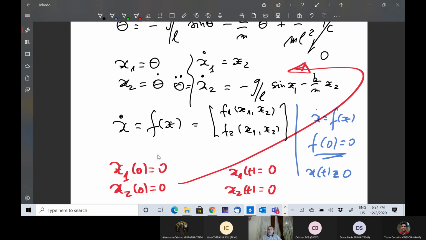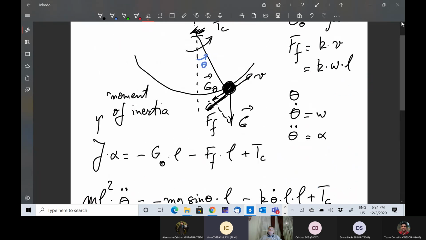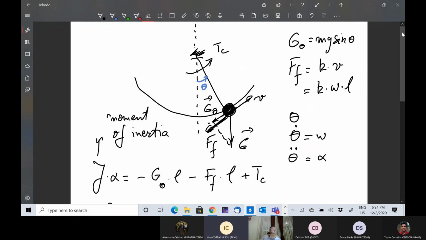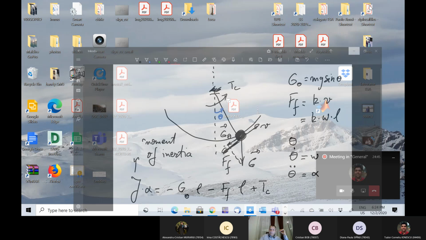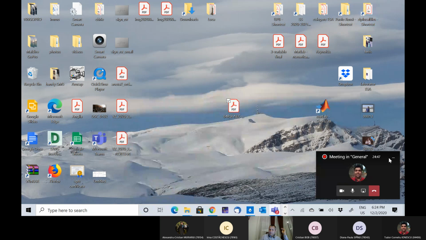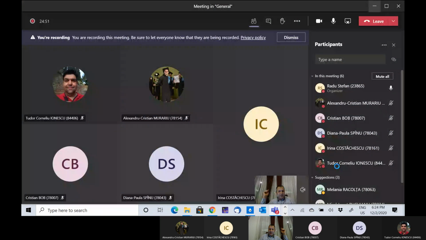Good. So, please excuse me to interrupt. We can't hear you very well. Why is that? I don't know. Now it seems to be better. But now it's really with low volume. I also suggest you turn off the camera for better connection. Tudor, I will do that. Just a second. You know what's a little bit strange?